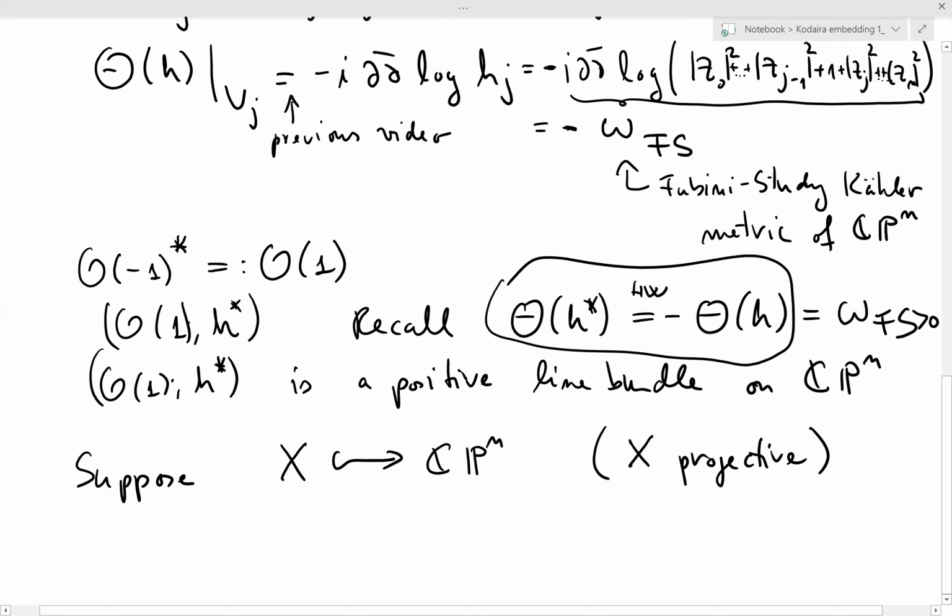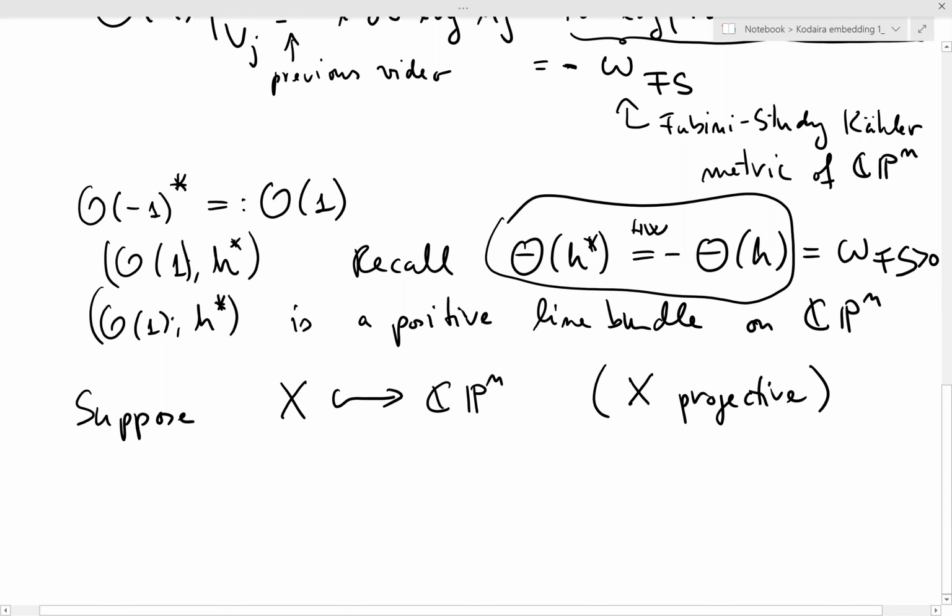Now, one thing that's quite obvious: if we call this embedding j, then the pullback bundle is also a positive line bundle.